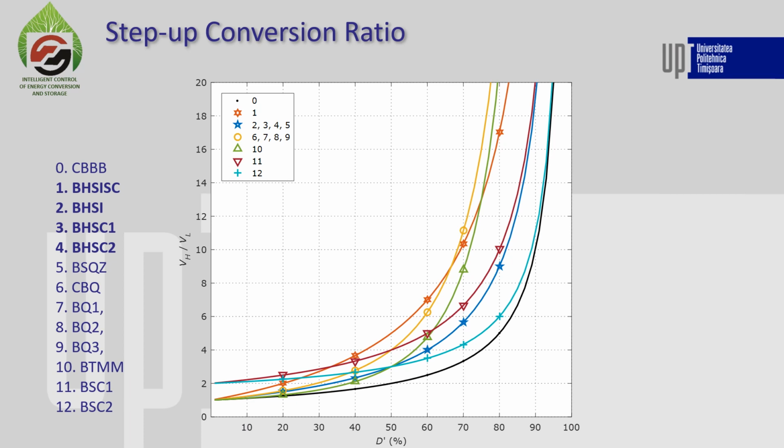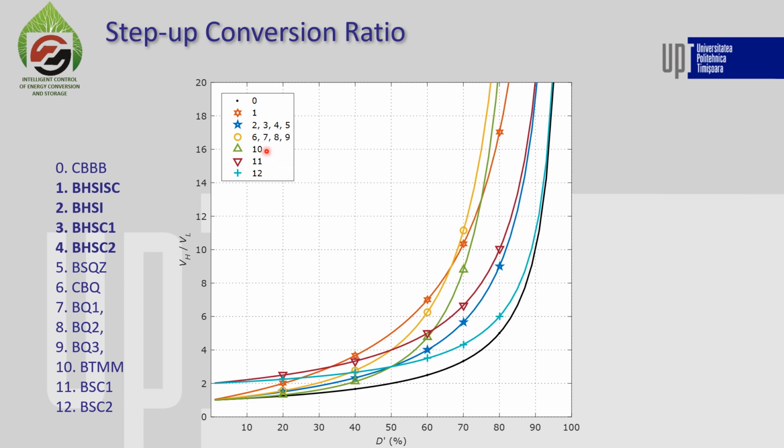Here we see almost the same thing. The faster the function increases, the better it is to be used for a wide voltage conversion ratio, because it can achieve higher conversion ratios at lower duty cycle. So here we see the quadratic converters, all the quadratic converters.